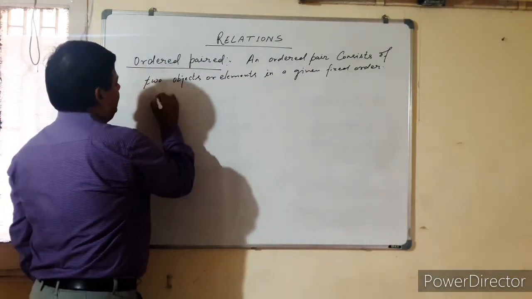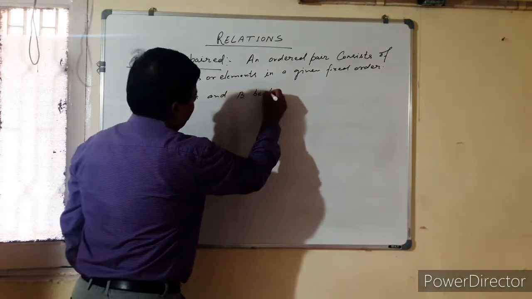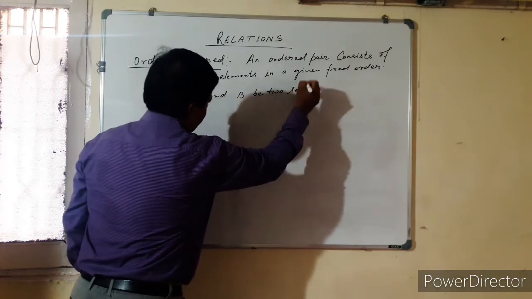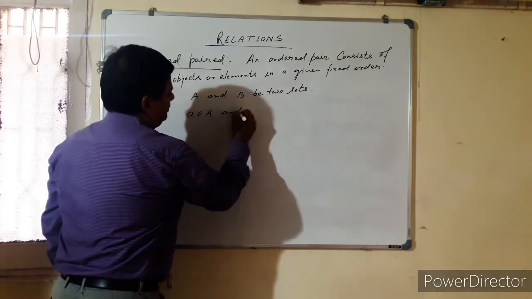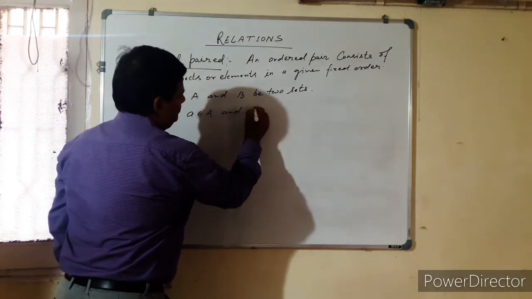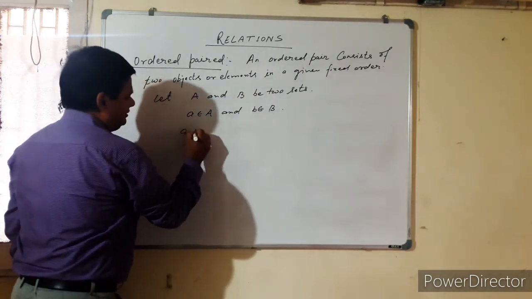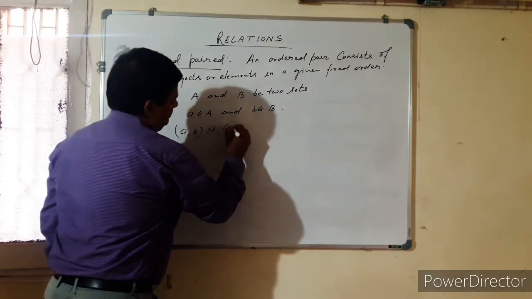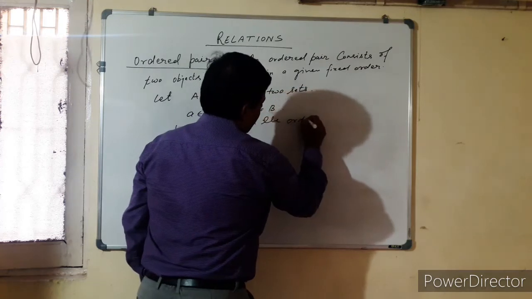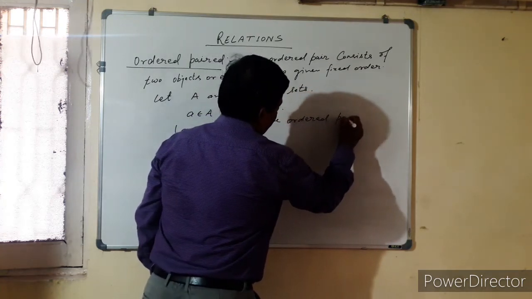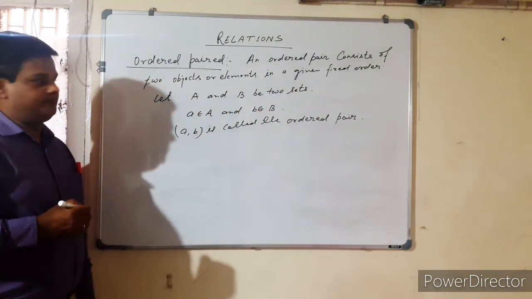Suppose let A and B be two sets. If a belongs to A and b belongs to B, then (a, b) is called the ordered pair.